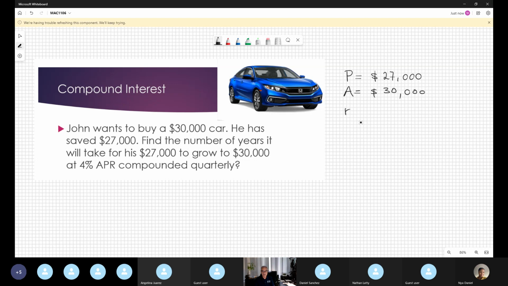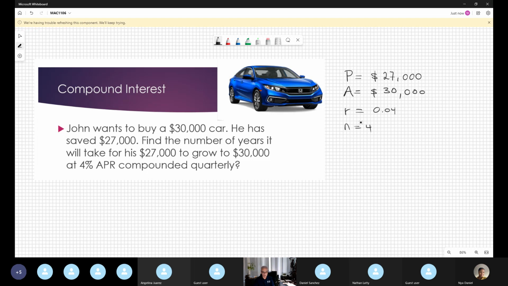Now, what is R? Interest rate in the account, because he deposits the money in one bank account. It's 4%, no? It is 0.04. Remember, never use percent in the equation. Divide by 100, so you convert this percentage to decimal. And compounding, M is 4, no? Quarterly again.